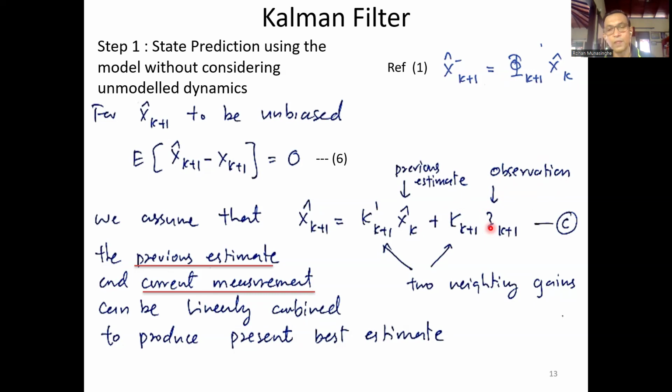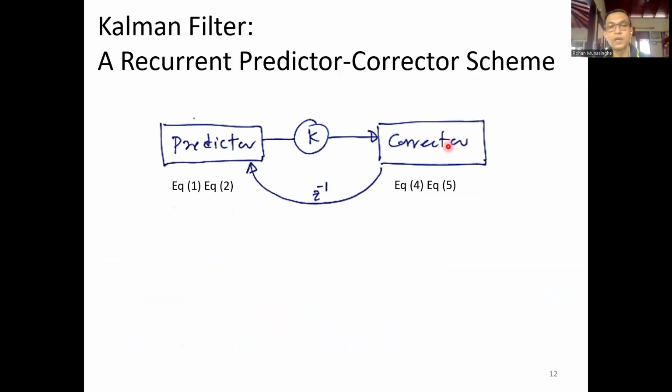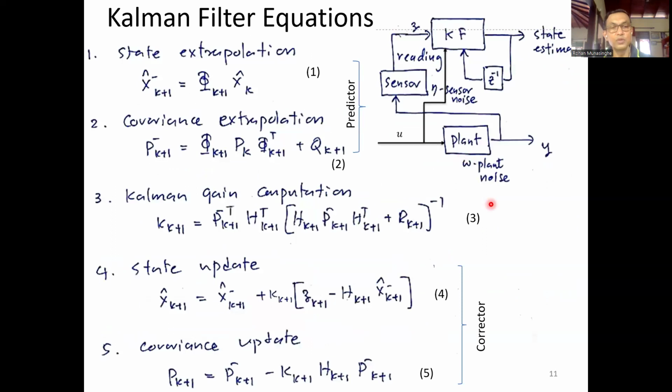In fact, if I go back a little bit, I can show it to you. It's actually coming from this equation, state update, x hat minus k plus 1.